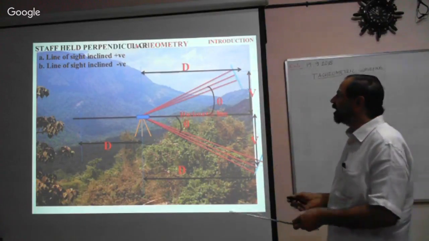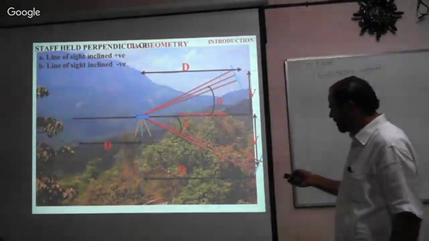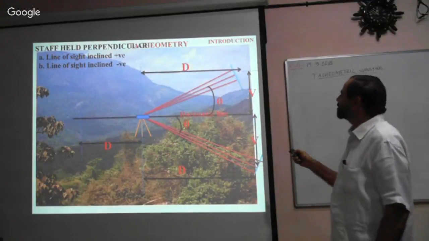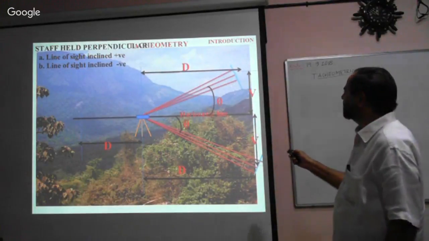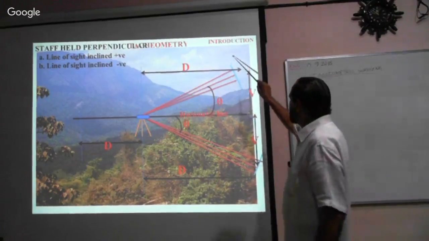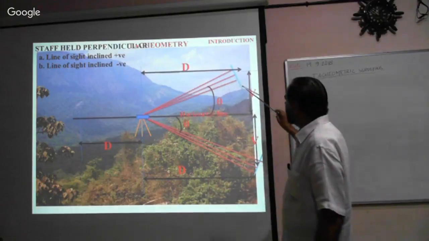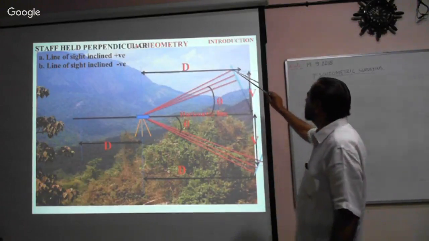In the previous three cases we discussed, the staff was held vertical, whereas in this case, the staff is held perpendicular to the line of sight.